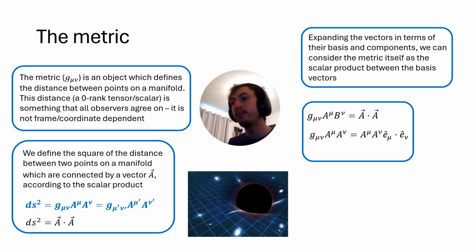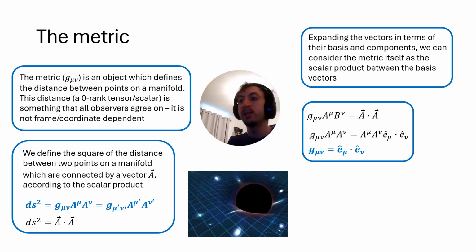And I've moved around the A mu's and N u's because these things are components of a vector, so they are themselves just numbers and we can move them around freely. We don't have to worry about the order that these components are in. And then if we cancel these components out, which we can do because they're numbers, then we get G mu nu is equal to E mu dotted with E nu.